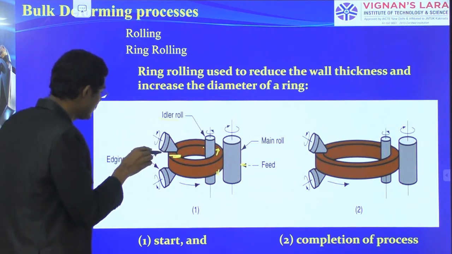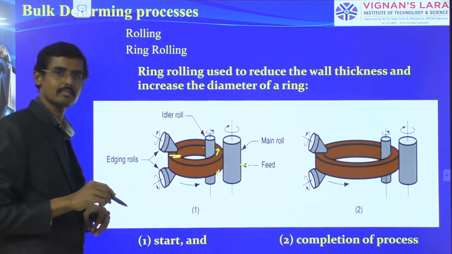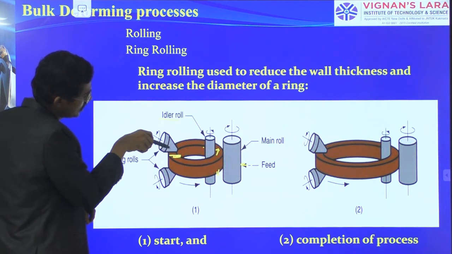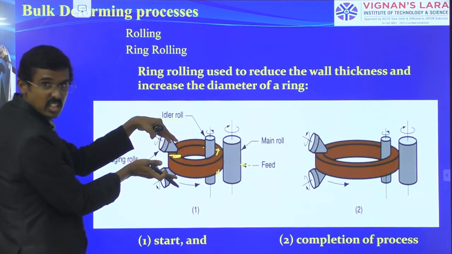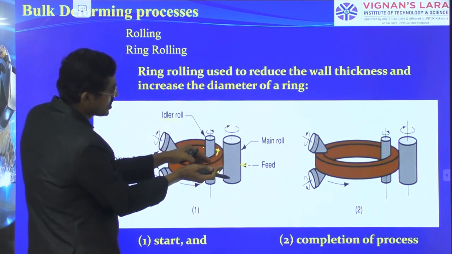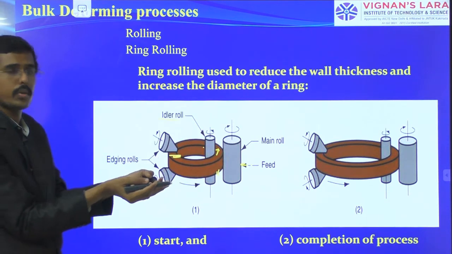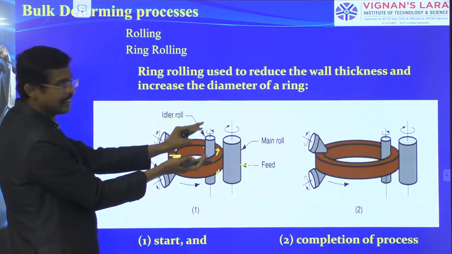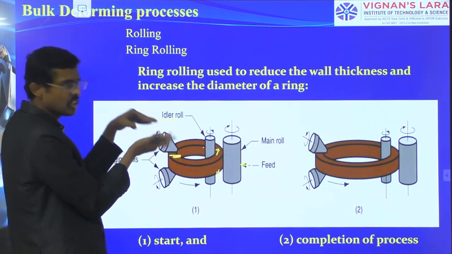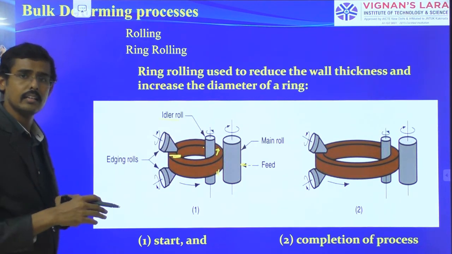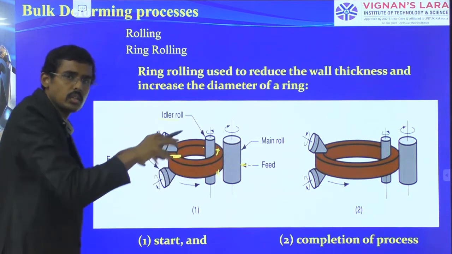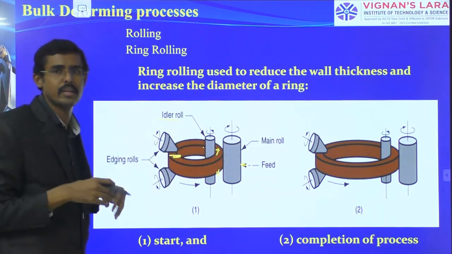I have here the radial rollers. You see, here and here I have two radial rollers. Therefore, when it is pressed, it is trying to come out. Maybe this working process we can consider as a hot working operation. So it comes out. At the same time, I am pressing this also, and simultaneously it is trying to move towards the outer diameter.